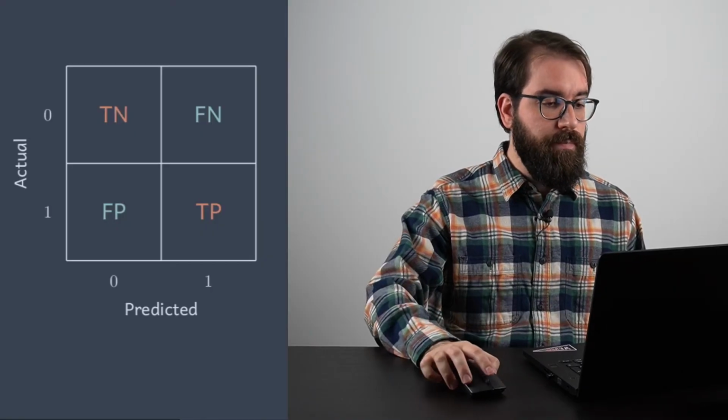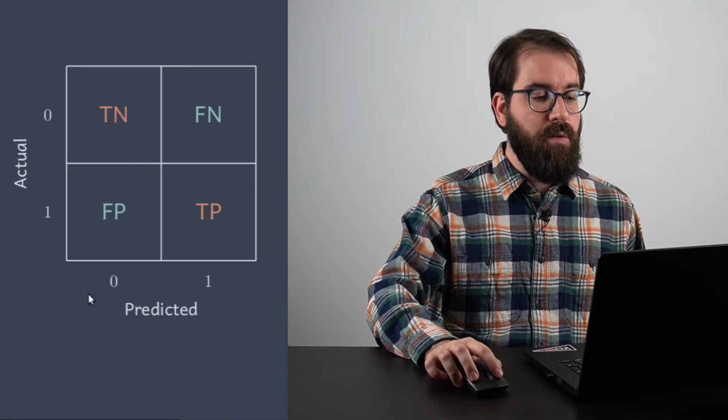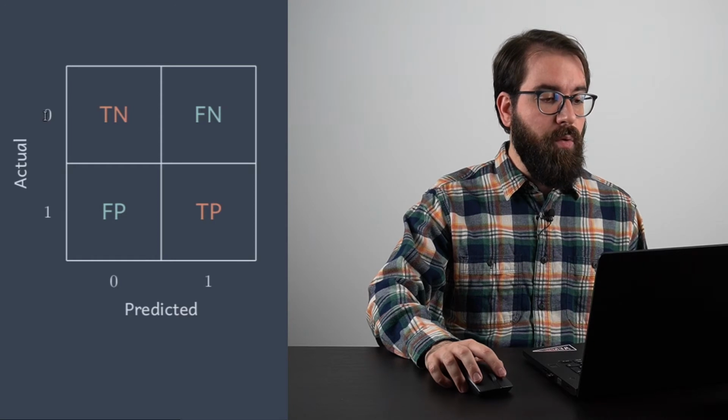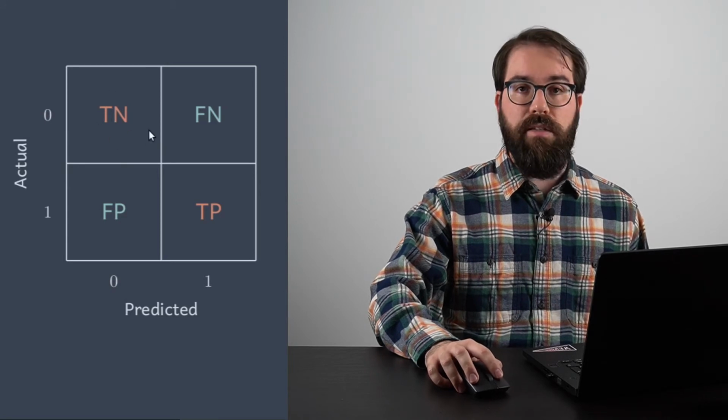These 4 quantities, you can organize them in a matrix. As I'm showing here, you could place the actuals in the vertical and the predicted in the horizontal. And when you have, for example, 0 as actual and 0 as predicted, these are the true negatives.